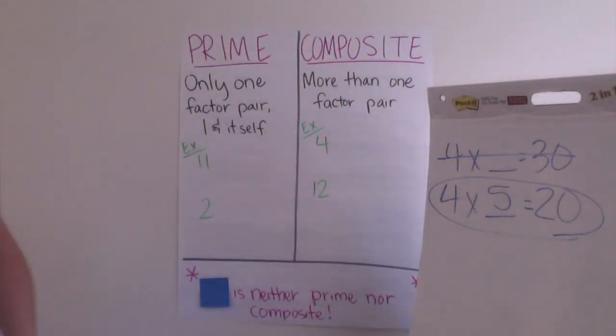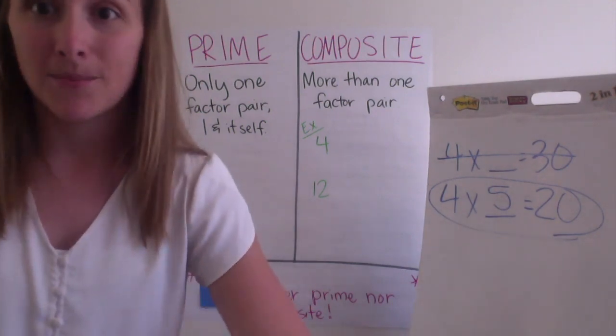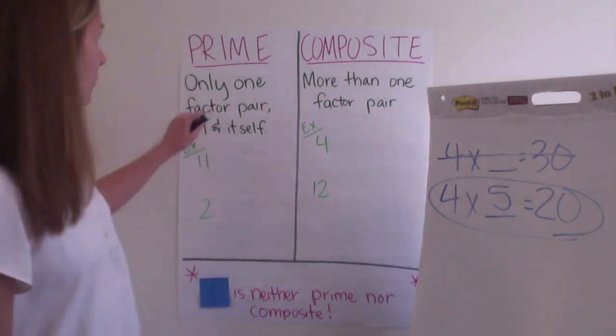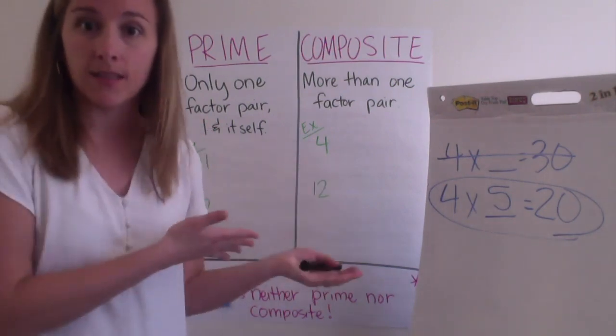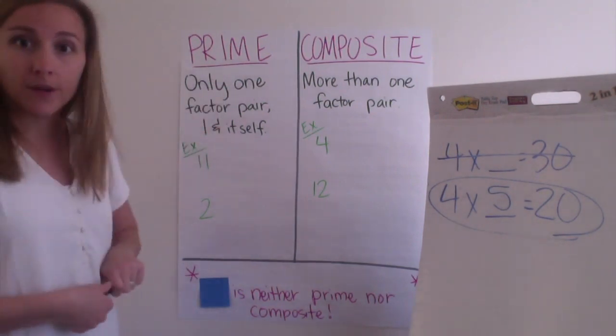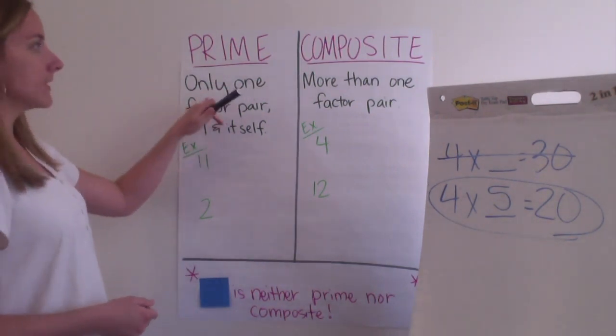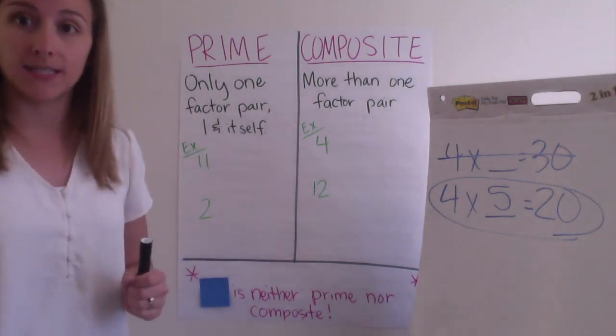All right, our last review before we jump into our math in action task, we are going to be talking about prime and composite. Now, we moved from factors into this because it has to do with factors. So we'll talk about prime first. Prime simply means there's only one factor pair, one in itself.